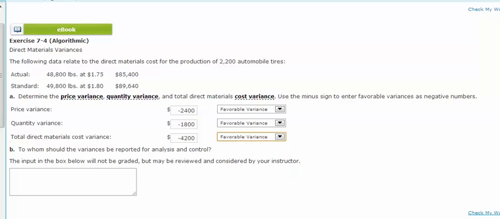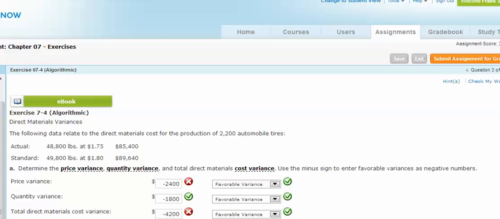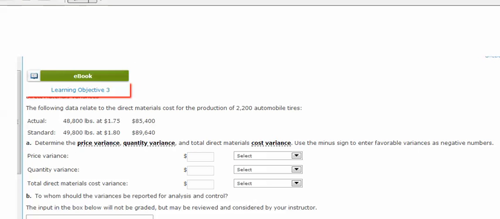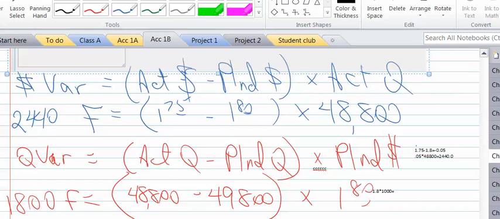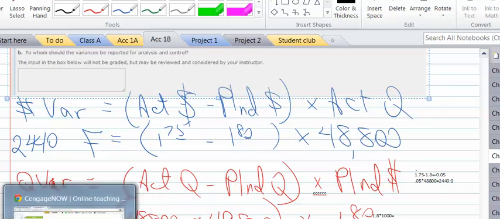Let's check my work and see how we did. Well, now, did I grab the wrong number or did I make a calculation error? 2,440. Oops. Yep, right. I grabbed the wrong number.